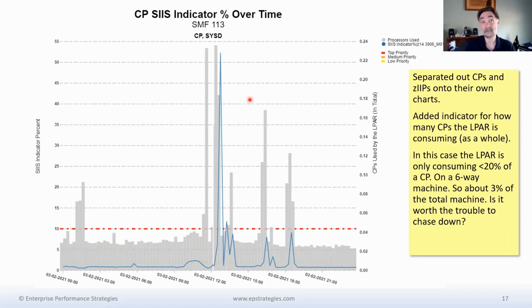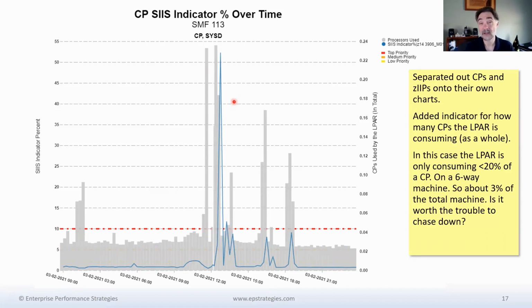Maybe it's 1% because, hey, this is a very high number here, right? But how much do I really want to go chasing that down, based on the amount of utilization we have here? If it's happening once in a while, I probably don't care enough to go try and chase that down.